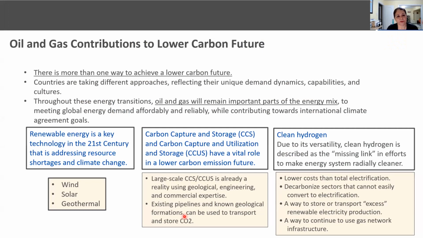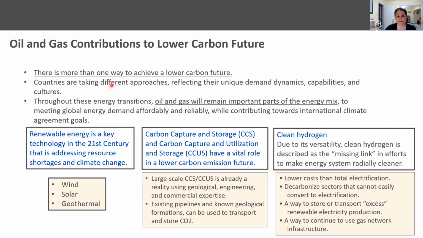So with that, I'd like to start my presentation with this introduction, on how the oil and gas industry can contribute to a lower carbon future. There are different ways that we can contribute and achieve this lower carbon future.